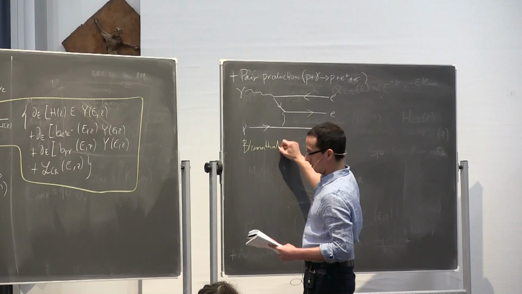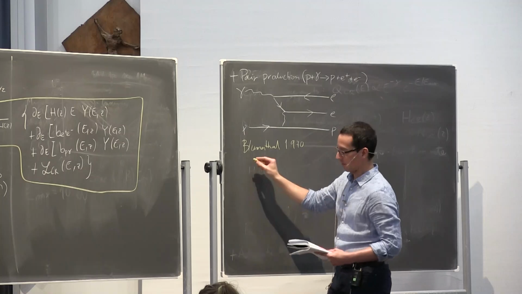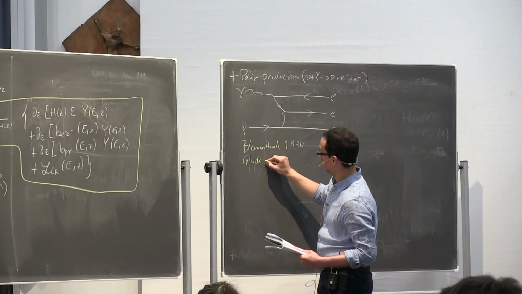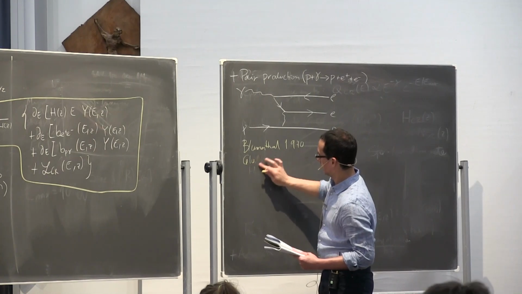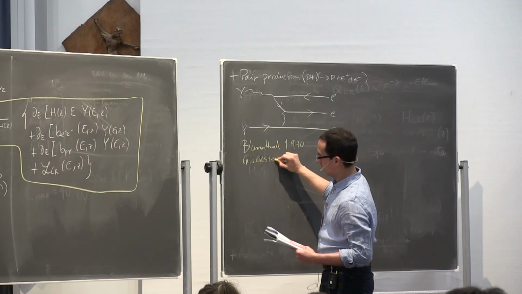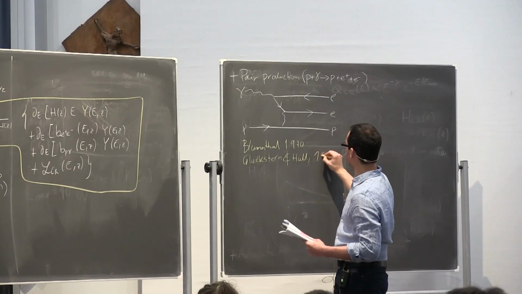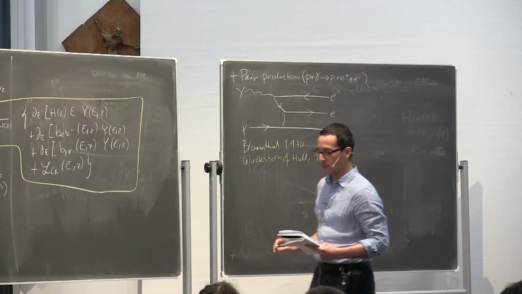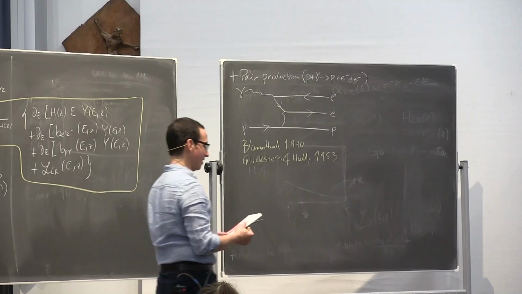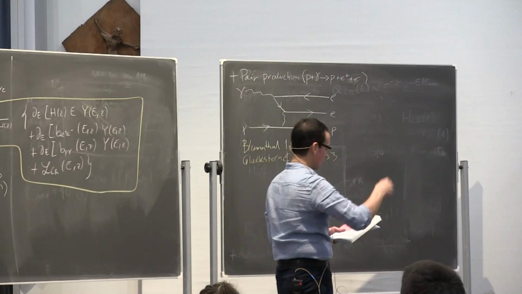The initial calculations were done in the form that we're going to see today by Gluck, Stern, and Hull in 1953, back when there was only one Physical Review. This is Physical Review 90, 1030. The refined calculations were done by Blumenthal in 1970, Physical Review D1.